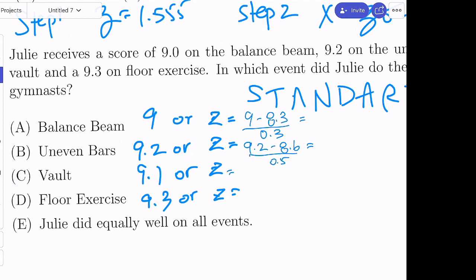So this one is 9.1 minus 8.2 divided by 0.4. And the last one is 9.3 minus 9.0 divided by 0.2. So which one is the best?